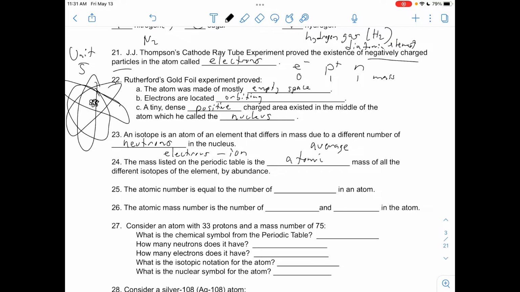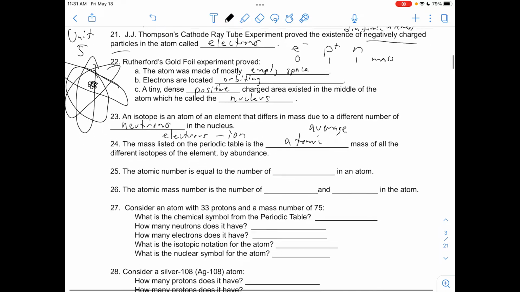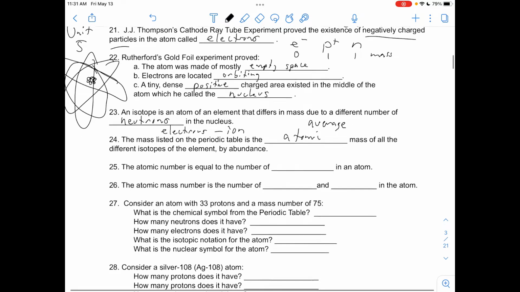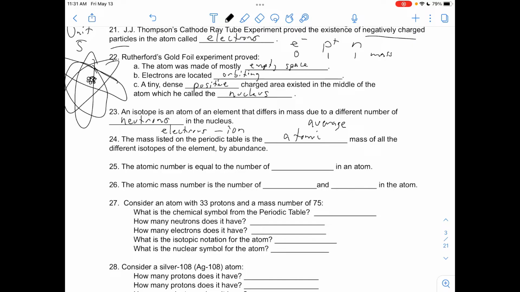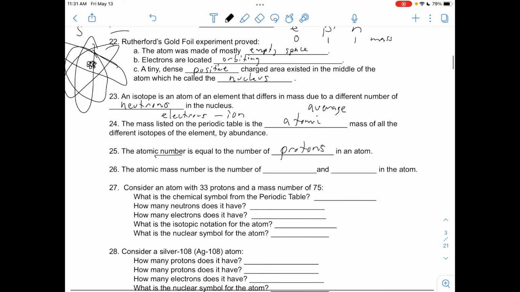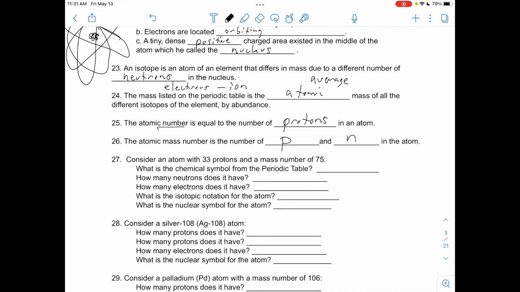Atomic number is the number that isn't a decimal, and it's the number of protons. So it's always a whole number. Atomic mass is the number of protons and neutrons in the atom. So if I wanted to find the number of neutrons, I would subtract the atomic number from the atomic mass.